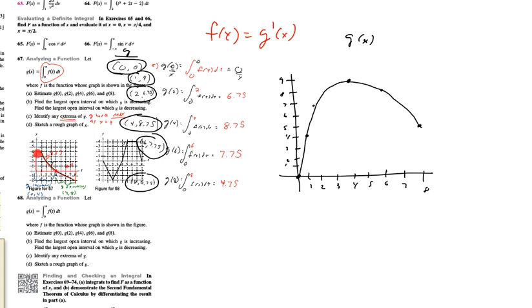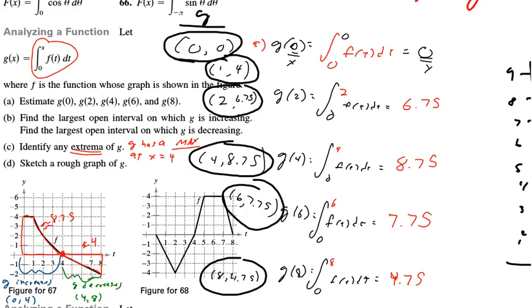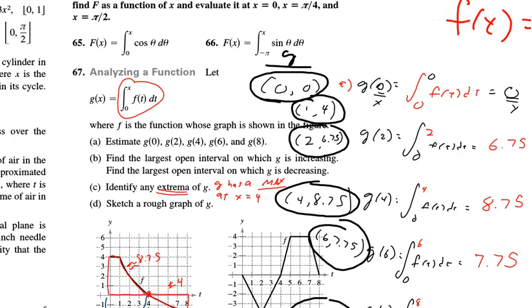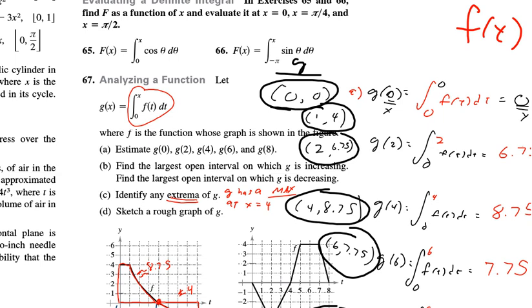Because if G is the integral, right? Let me show you this again. If G is the integral of F, then if I take this integral and move it over here, if I undo it, then the derivative of G of X equals F. So if I reverse it, G is basically F prime.